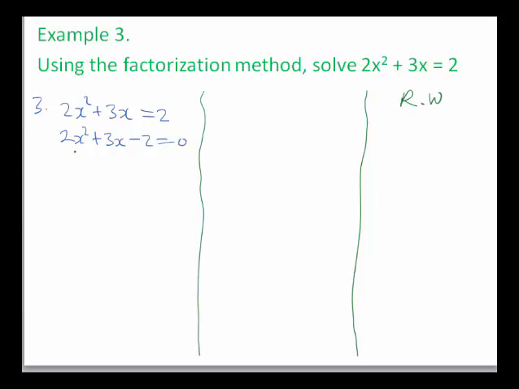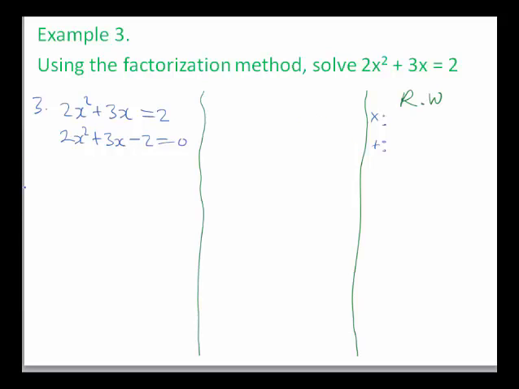So this is now in the form of a standard quadratic equation where 2 is the coefficient of x², 3 is the coefficient of x, and -2 is the constant, all set to 0. With this done, we move over to our analysis part to find out whether it can be factorized in the first place.